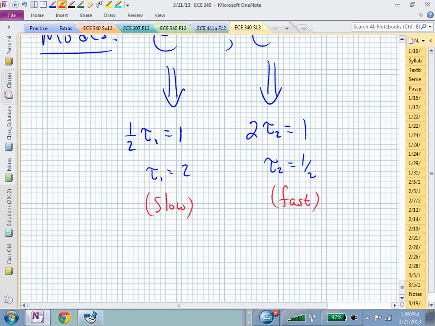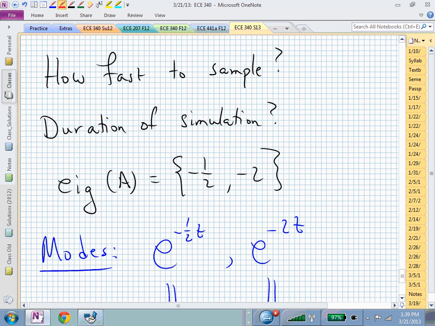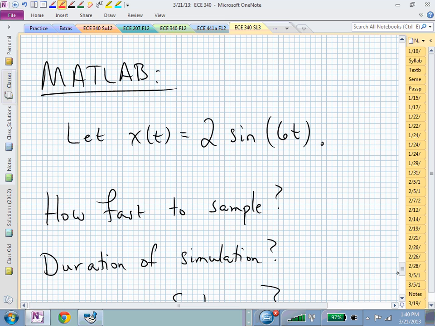But if we want to see how fast we chop, we not only need to worry about the natural behavior of our system, which is influenced by the eigenvalues, but we also need to know how fast we are shaking it. We have to consider both pieces.